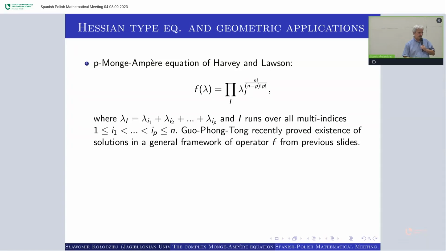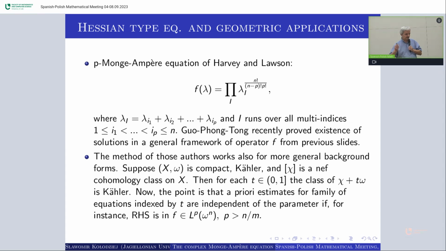So this lambda_I is the sum of lambda_{i_j}'s for some collection of indices of length p. Harvey and Lawson introduced the equation, but it was solved, again recently, by Guo and Tong.